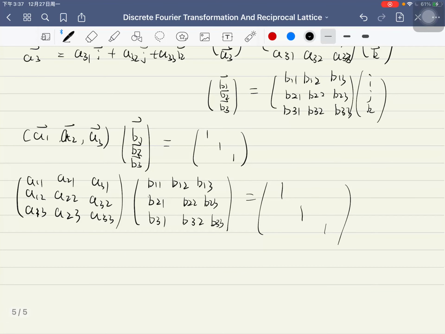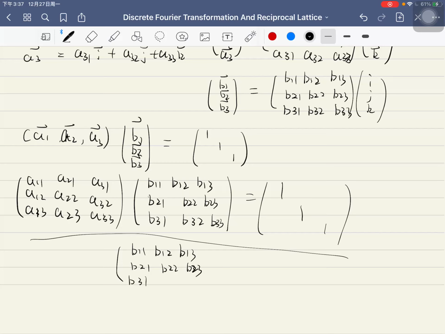So we need to find the B matrix, B11, B12, B13, B21, B22, B23, B31.